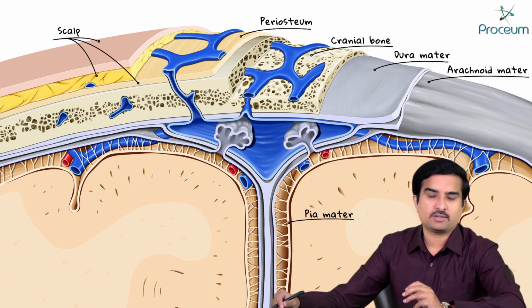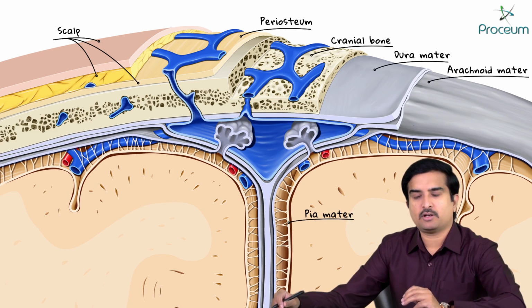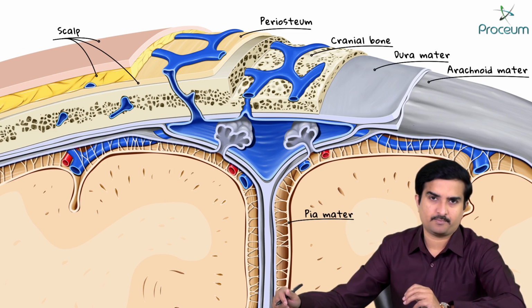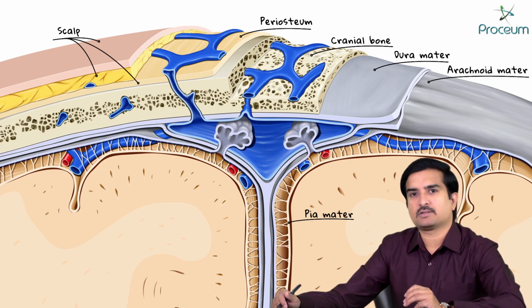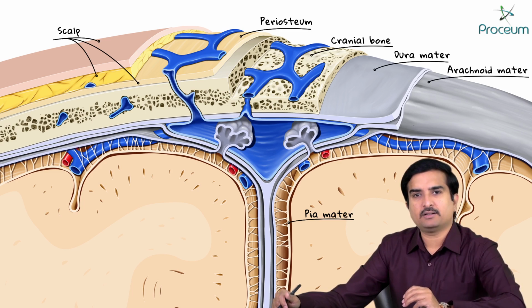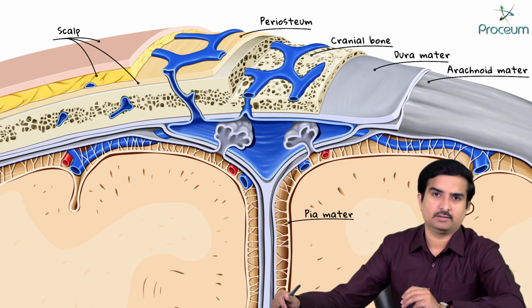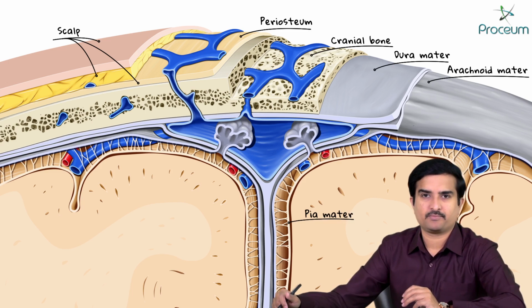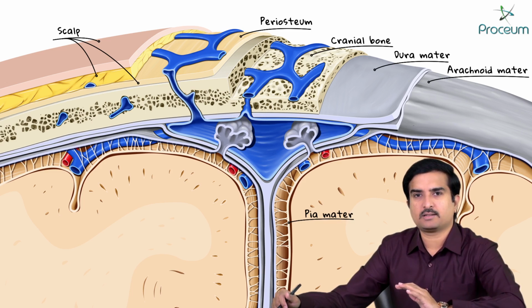So what are meninges? Meninges are nothing but the protective covering of the brain and the spinal cord. These meninges are made up of the dura mater, which is the outer one, the arachnoid mater, which is the second one, and the pia mater, the deeper one. Like this, we have three coverings called meninges.